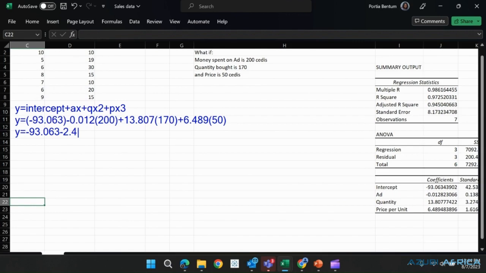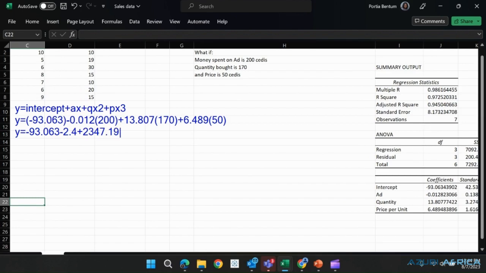Then we'll go ahead and add the other ones. So plus we are going to add 13.807. We are going to multiply that by 170, and that is going to give us 2,347.19.